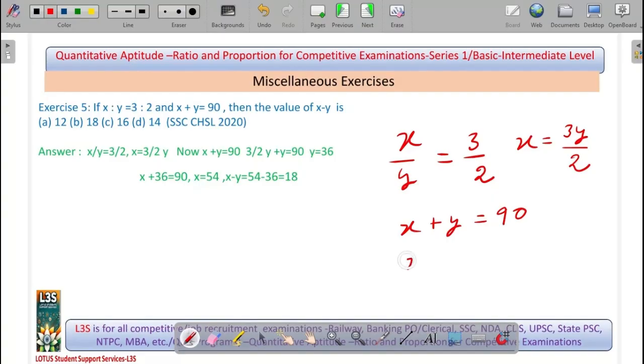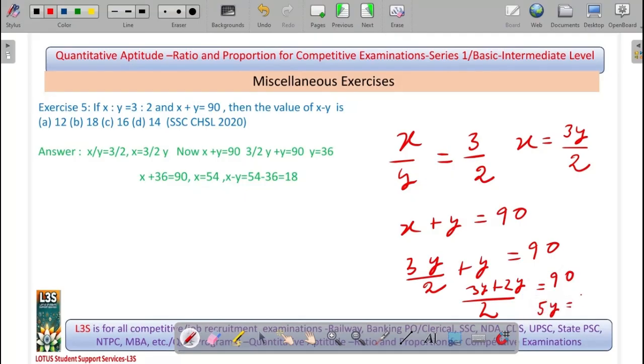So we can write 3y by 2 plus y equal to 90. If we take 2 common, 3y plus 2y equals 180. So 5y equals 180, and then y will be equal to 180 by 5.